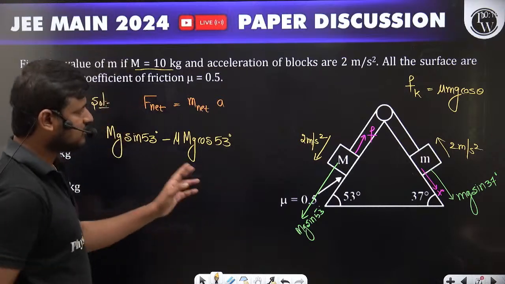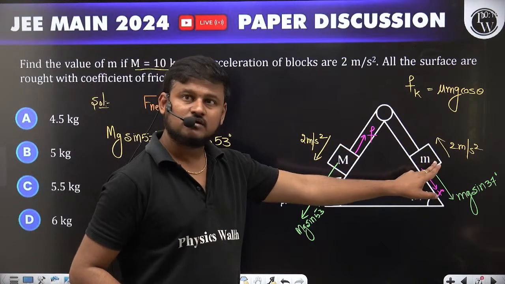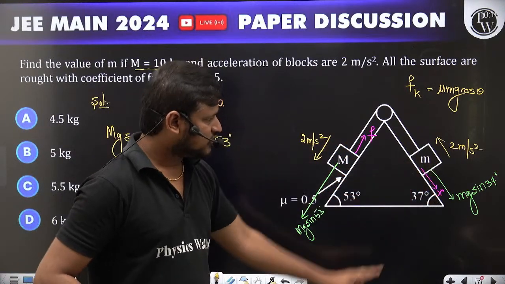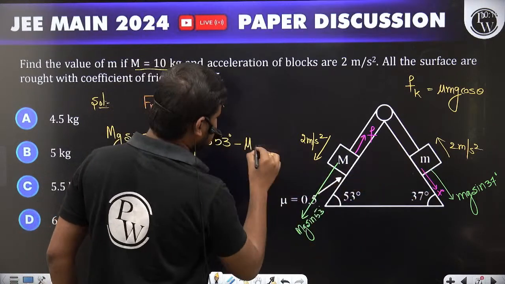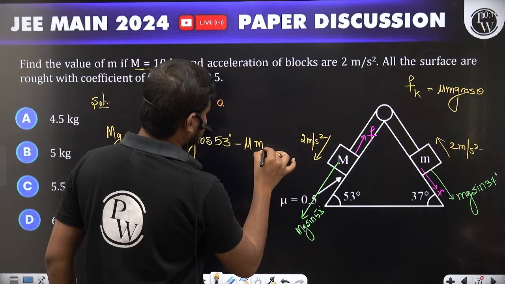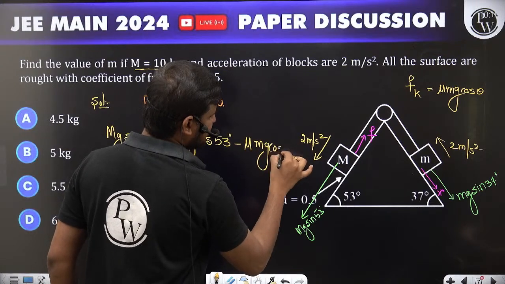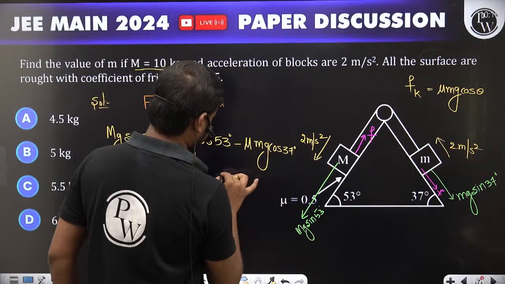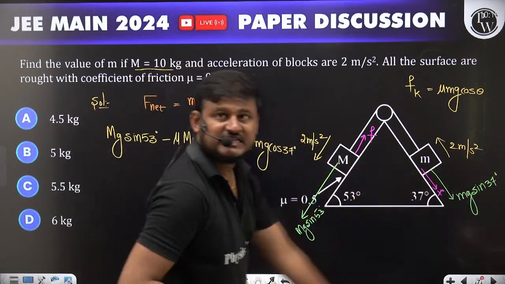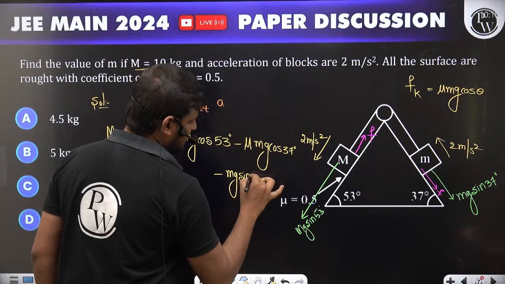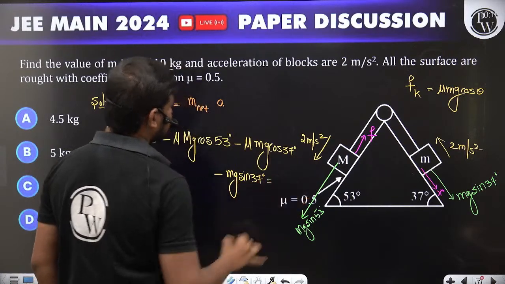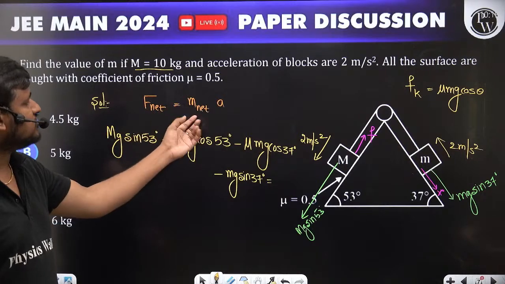Similarly, coming to this place, what's the friction? Mu, the mass is small m, into g into cos 37, minus mg sin 37, right? So F net is equal to M net a.